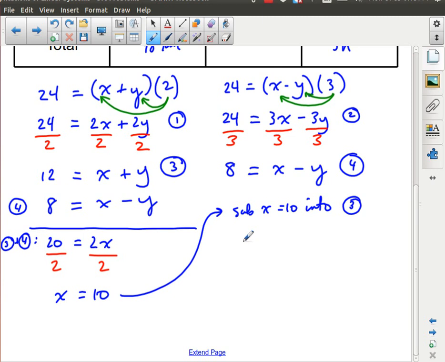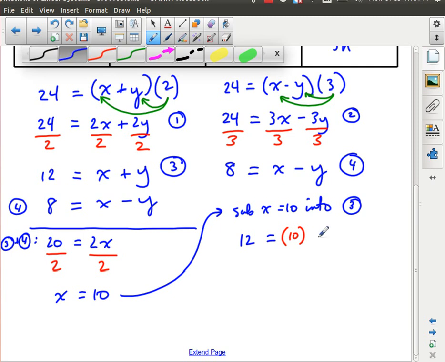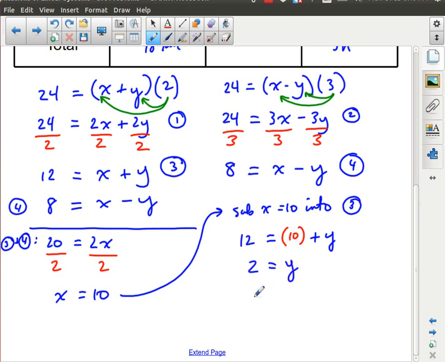And I end up with 12 equals, but instead of x, I'm going to replace that with a substitution of 10, and that was plus y. To get this 10 over to the left side, it becomes negative 10. 12 minus 10 is equal to 2 is equal to y, or y is equal to 2.